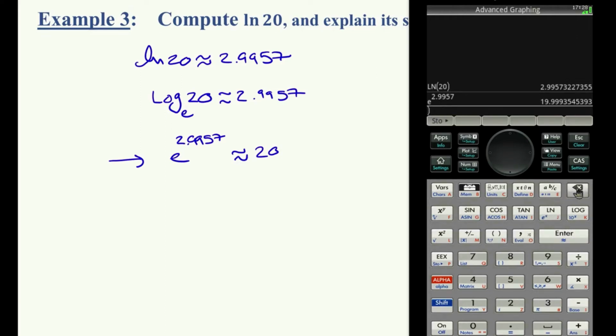So if we type in shift e to the power of ln of 20, let's see if it's still going to do that. Yeah, it's doing this by approximation again. That's why it didn't actually give us 20, but as you can see, that's virtually indistinguishable from 20.